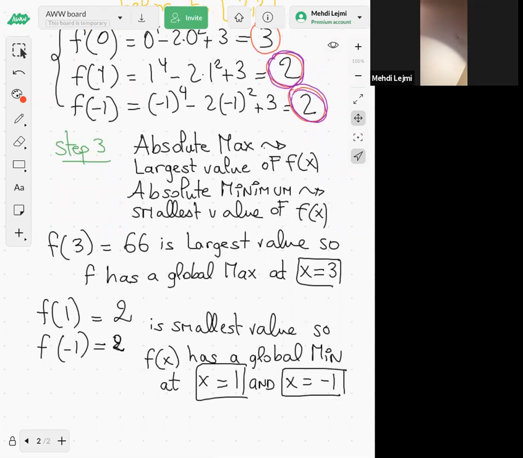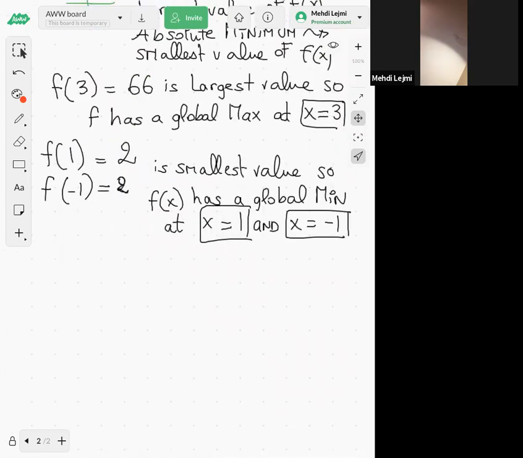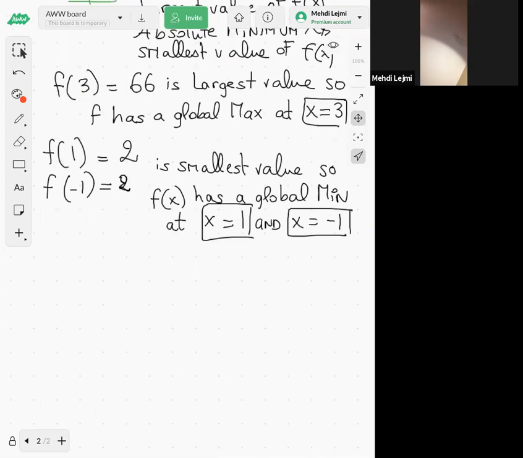Okay, so then here's an exercise. I'm going to give you two functions, and you have to find their absolute maximum and absolute minimum.